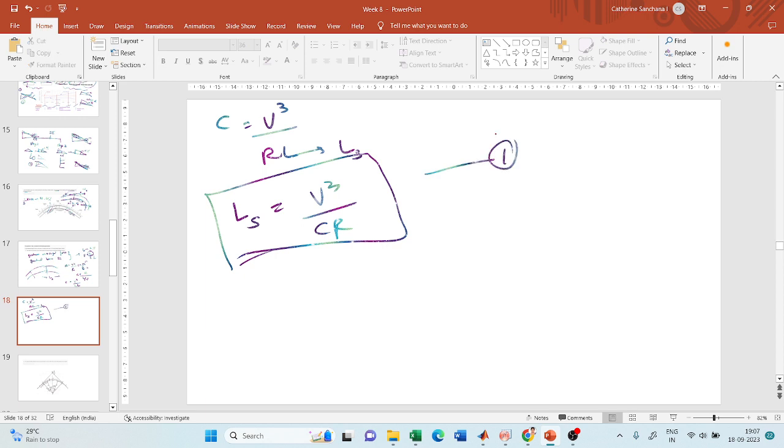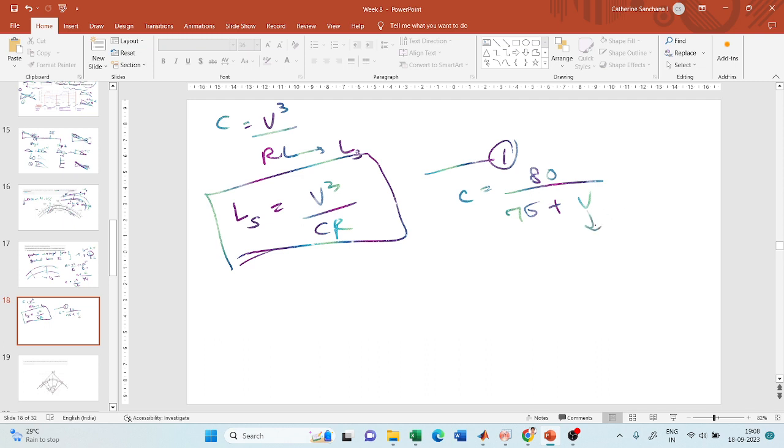This you will call the length of transition curve based on rate of change of centrifugal acceleration. Now to find this C, you have an empirical formula, which is 80 divided by 75 plus V. You should remember that I told you that if it is an empirical formula, you should remember the units.